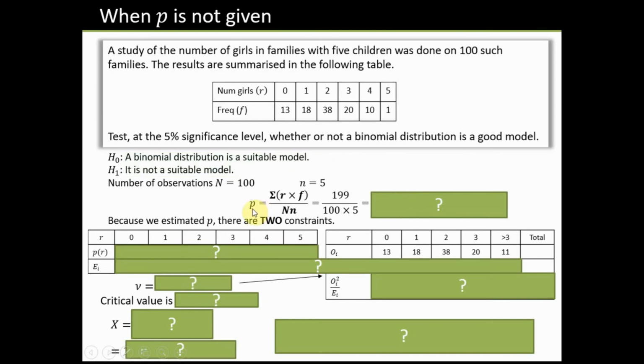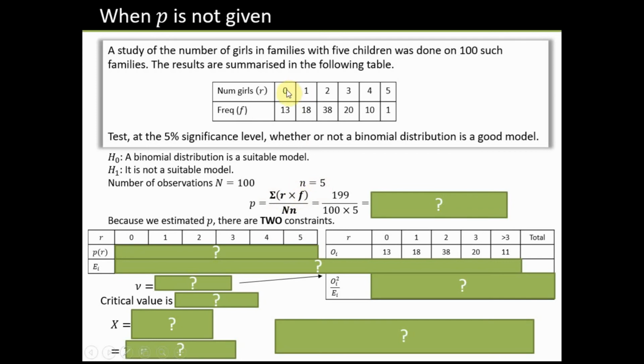So to estimate our value of p, it's all about the proportion of girls basically. So the best estimate of p would be thinking about how many girls there are in total out of how many children.